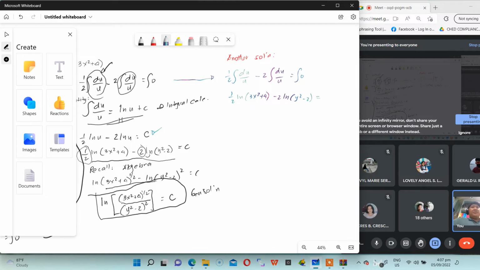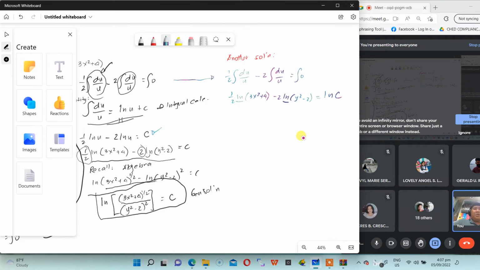But since both are ln, another solution could be that your logarithmic constant adjusts and becomes ln C. That is possible, okay?